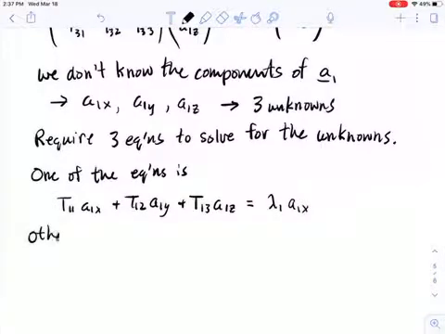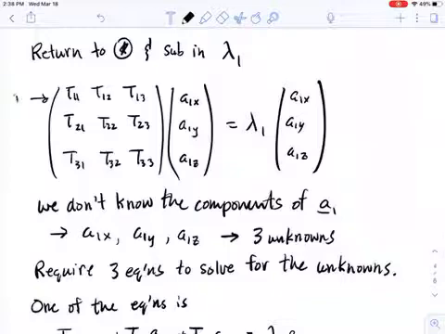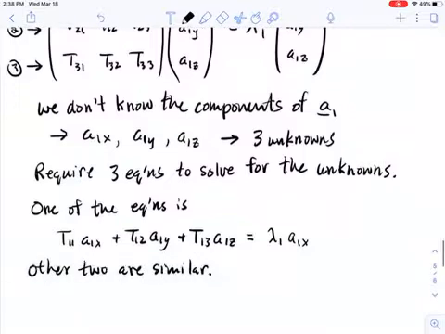So the other two are similar. So we get one equation from doing the first row multiplication, we get the second from the second row, and we get the third from the third row. So equation star already gives us our system of three equations.